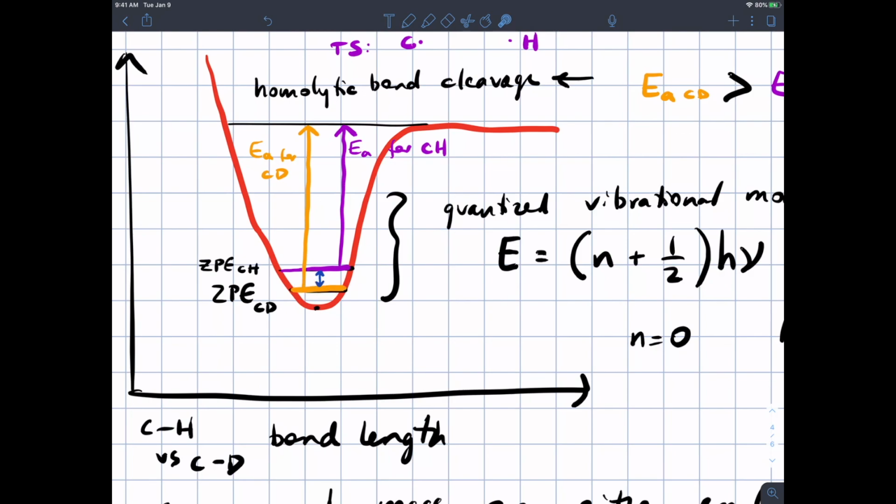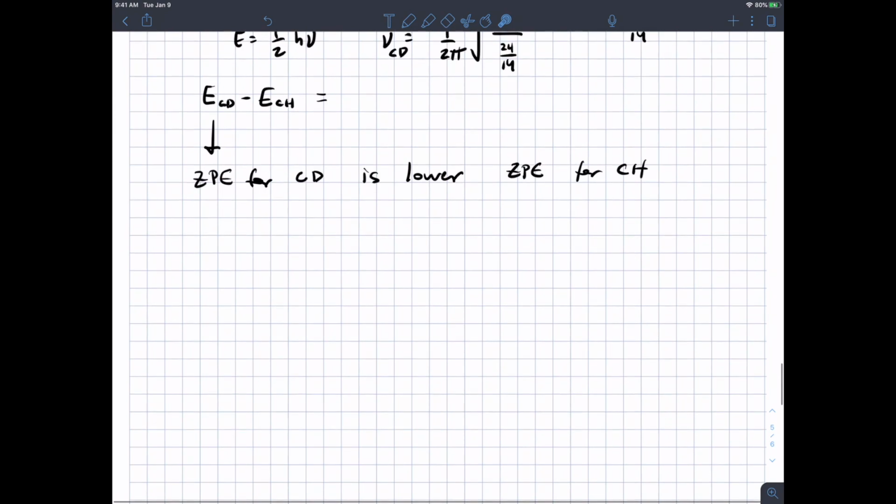Now, if you remember from chapter 7, when we talked about rates, we had an Arrhenius expression, and we said that the rate constant for a reaction was related to some pre-exponential factor times the number e raised to the activation energy divided by RT.